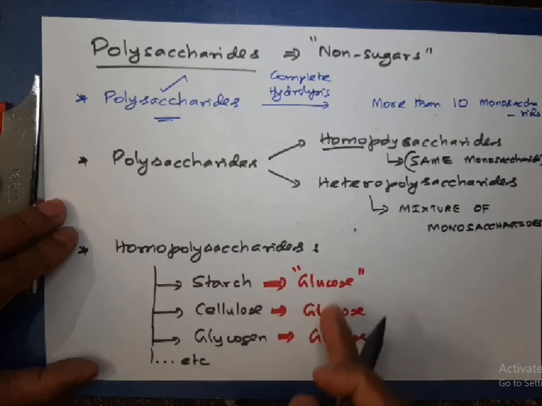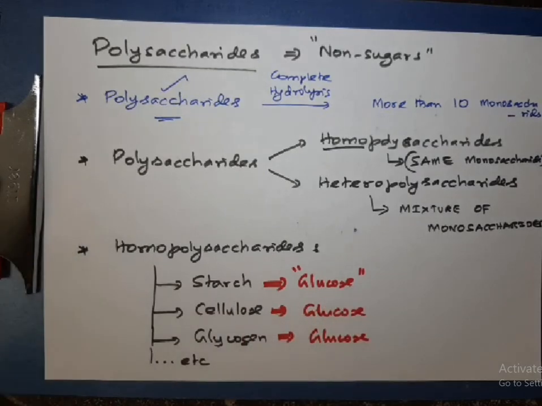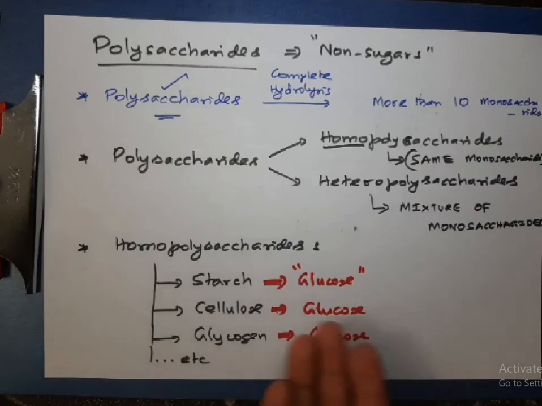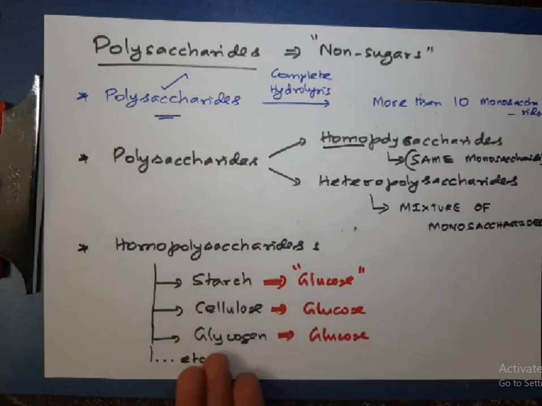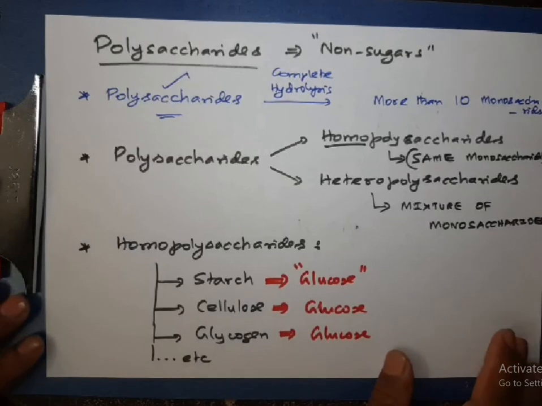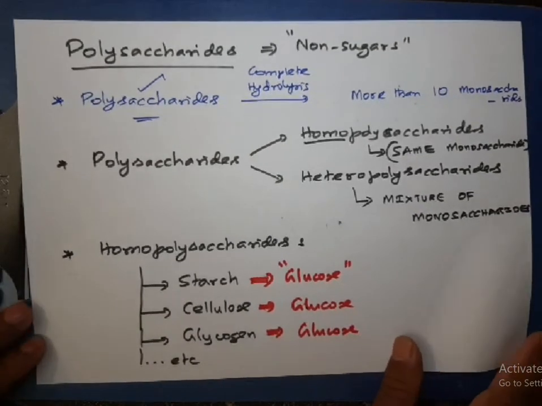These are all made up of glucose units, many glucose units connected through glycosidic linkage to form starch, cellulose, glycogen, etc. Now we will discuss starch. Starch is a homopolysaccharide.